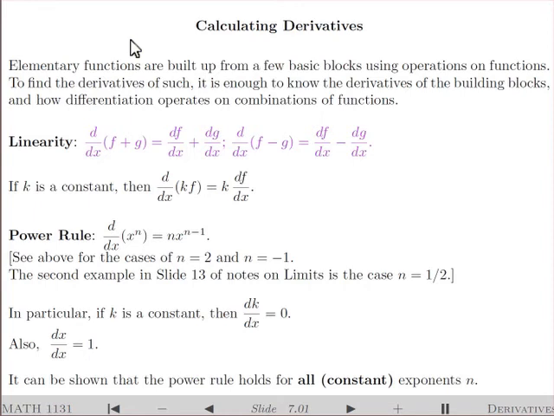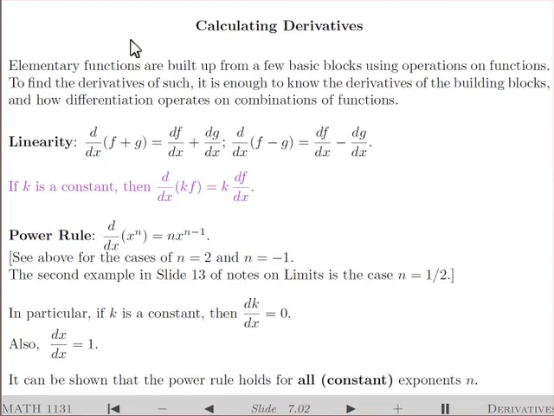And the same is true of differentiation. The rule for differentiating a number times a function just says that multiplying by a number and differentiation can be interchanged. That's to say, if you multiply a function by a number and then differentiate, you will get the same result as first differentiating, then multiplying by that number. In symbols, d by dx of k times f equals k times df over dx.